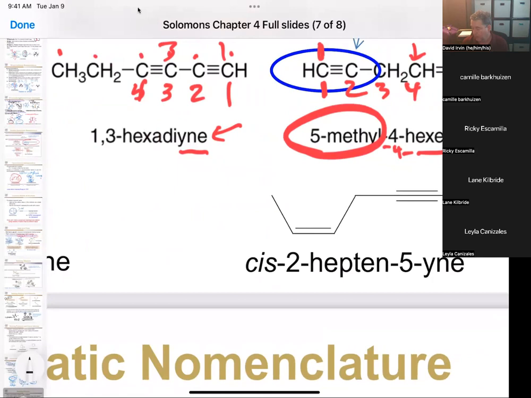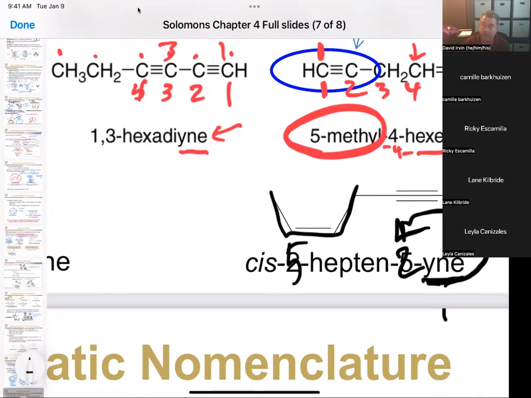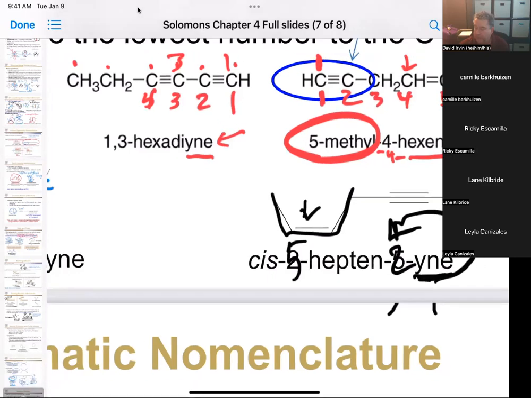That one's backwards also, but that's the cis isomer right here. It should be 5-hepten-2-yne because the 2 should be at the end of the name since it is the highest priority, and the 5 should be here. I'm glad we found that error in my notes. I need to fix that.